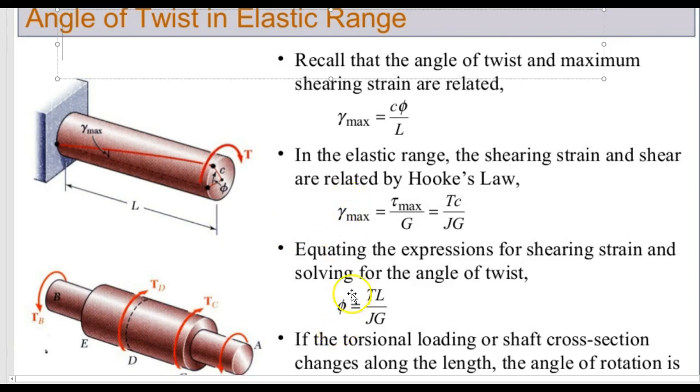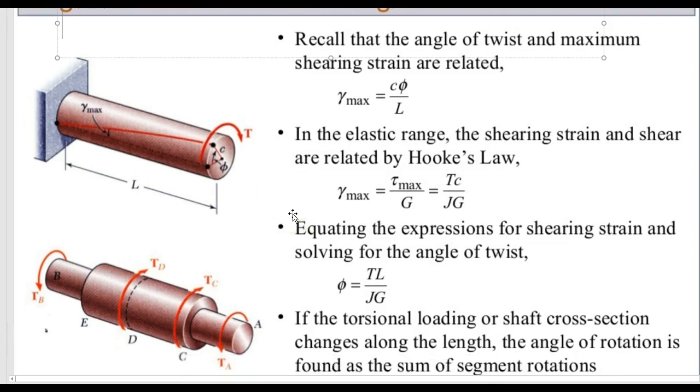That produces a profile where when we apply a given torque, the tau, or the shearing stress, is also proportional from 0 to a maximum at the edge of the cross section, and it's a linear proportion.